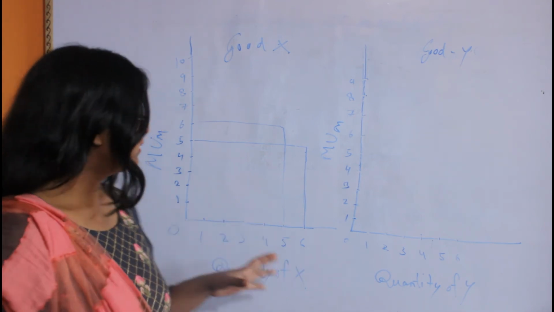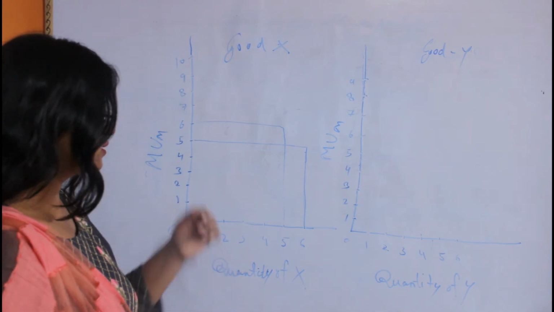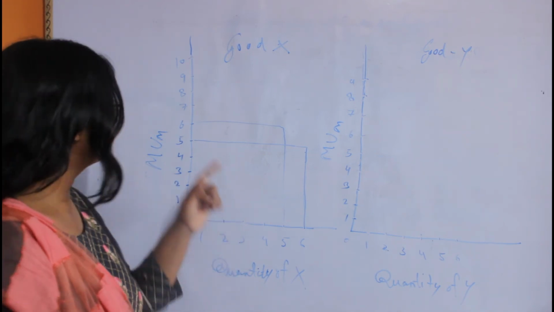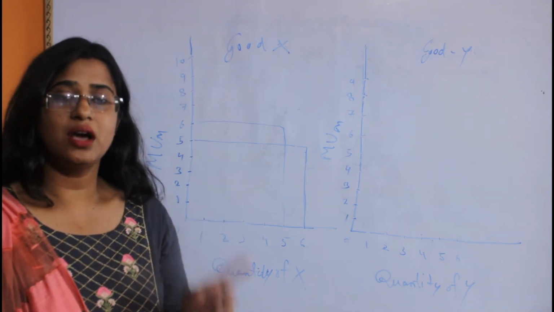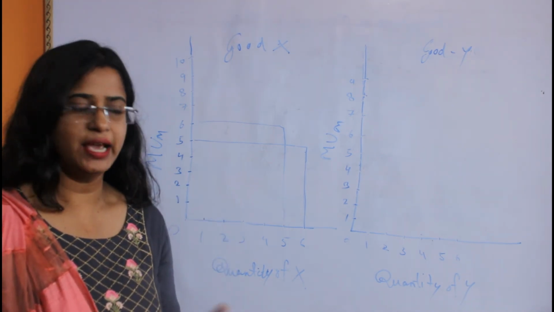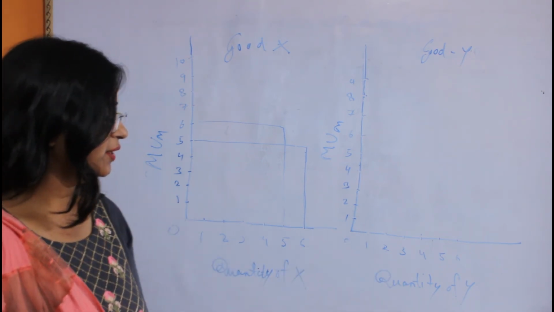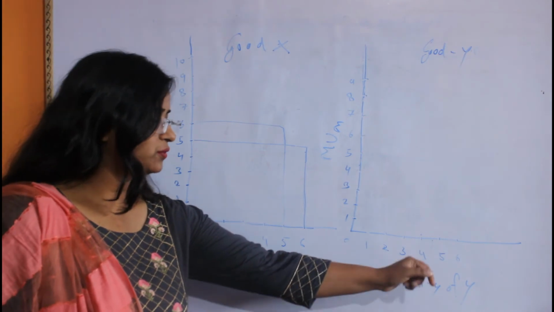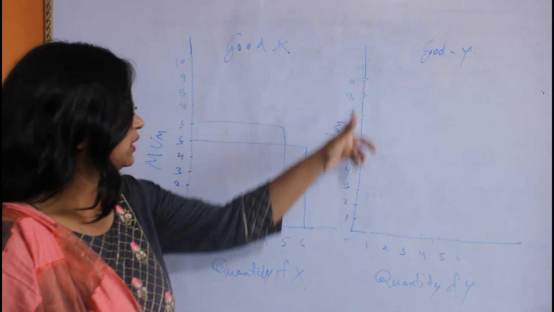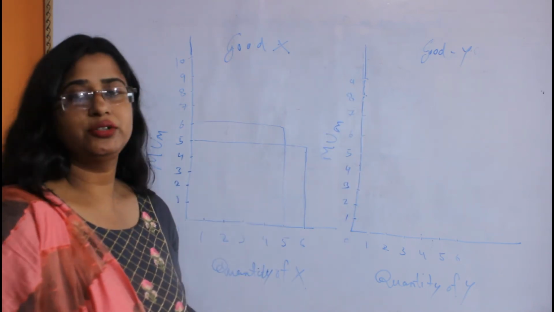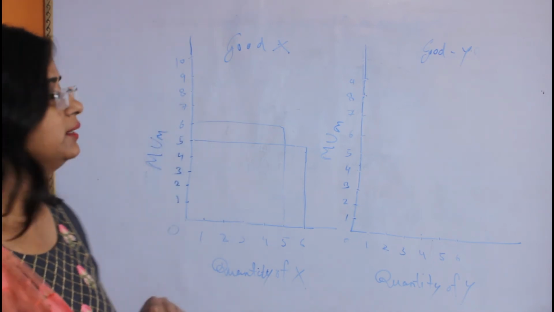In this whiteboard, this quadrant shows the commodity X, the x-axis shows the units of X, and the y-axis shows the marginal utility of money of the last rupee spent on the commodity X. This quadrant shows the commodity Y, and these are the quantities of commodity Y. The vertical line shows the marginal utility of money for commodity Y.